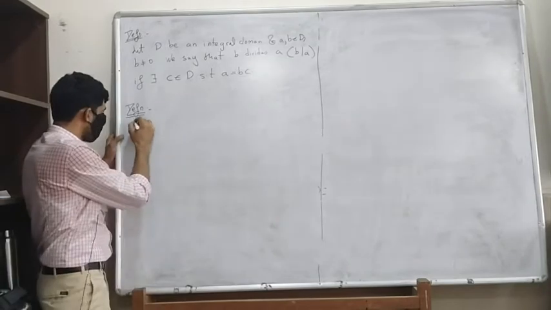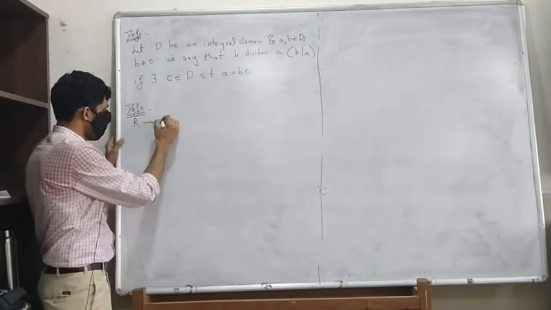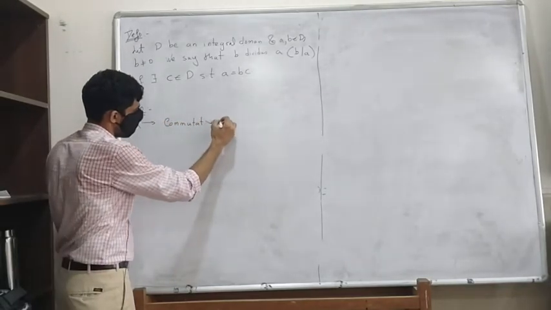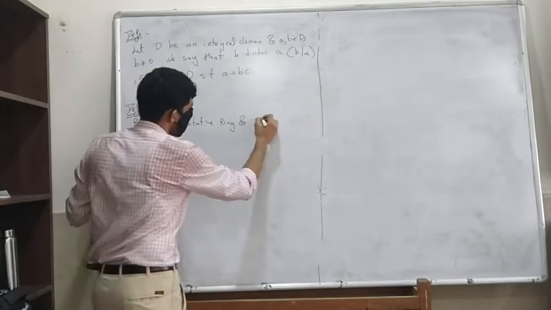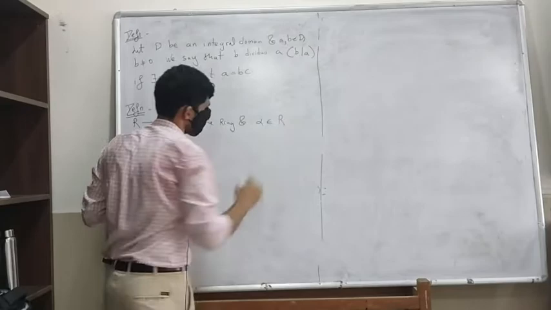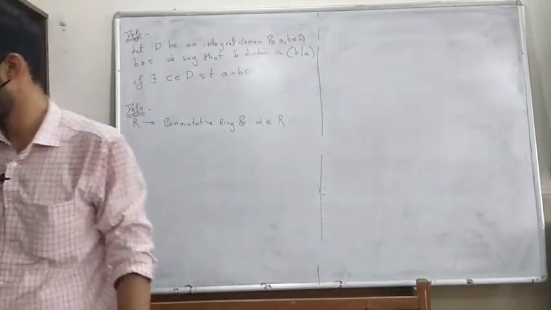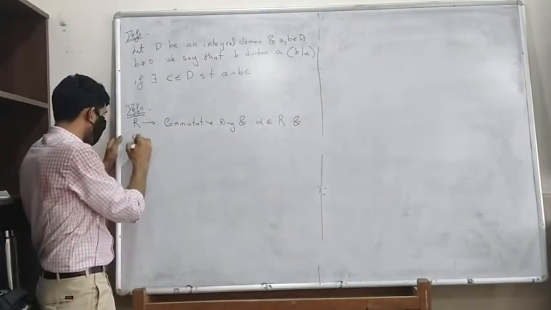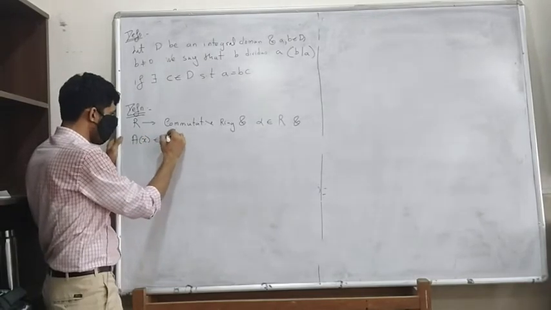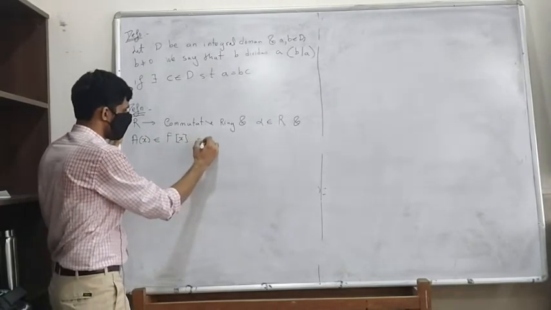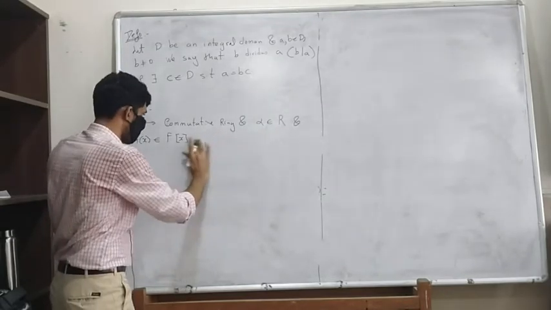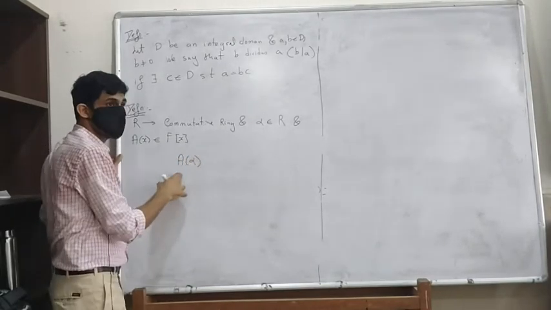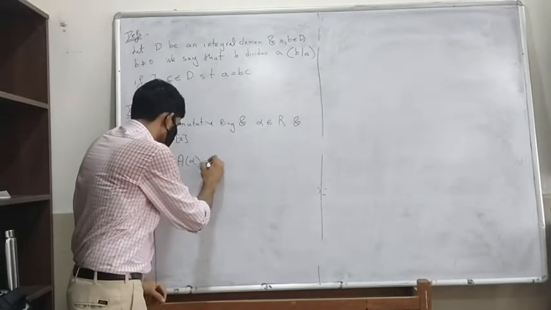So, if R is a commutative ring, and say alpha is some element in R, and A(x) is a polynomial in R[x], then we will define A(alpha) to be some element in R in this manner.